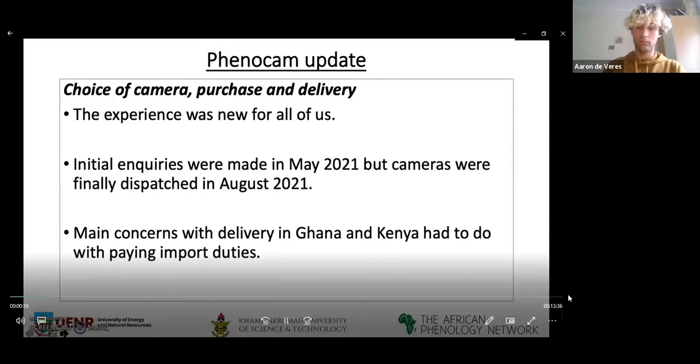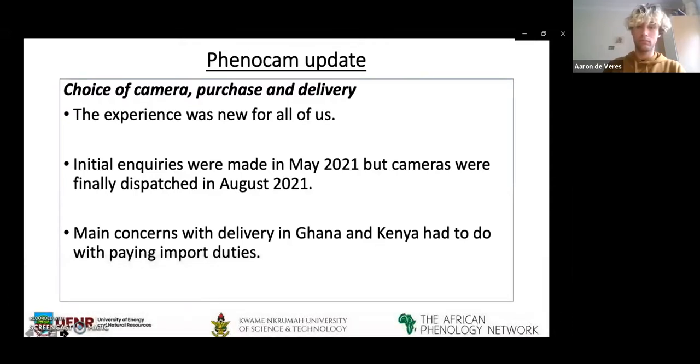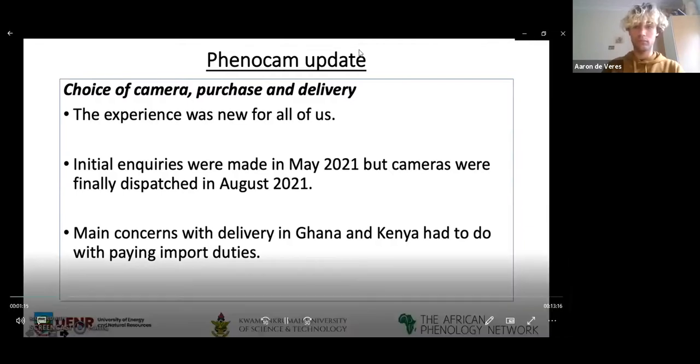We had some initial discussions on what type of camera to go in for, and we had some consultation, and so we settled on the Bushnell cameras, mainly on the recommendation from the lab of Patricia in Brazil.